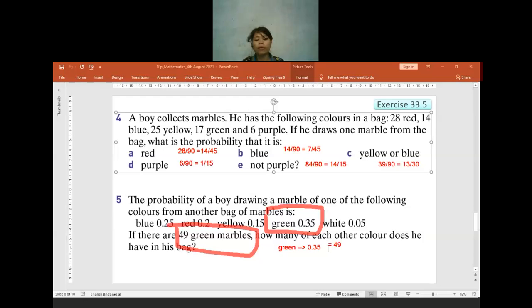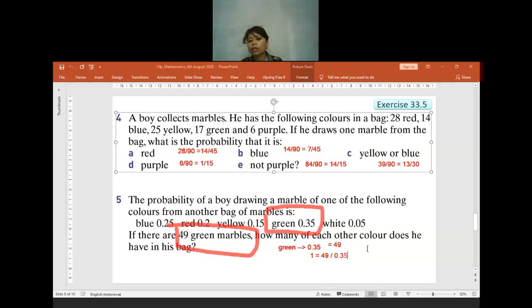Anyone want to help me find the 1? If 0.35 is equal to 49, for finding the one, we can do 49 divided by 0.35. From 0.35 to get 1, I need to divide by 0.35.